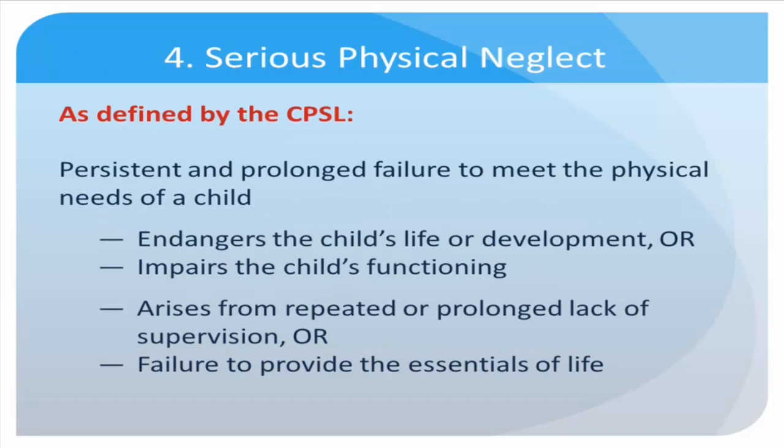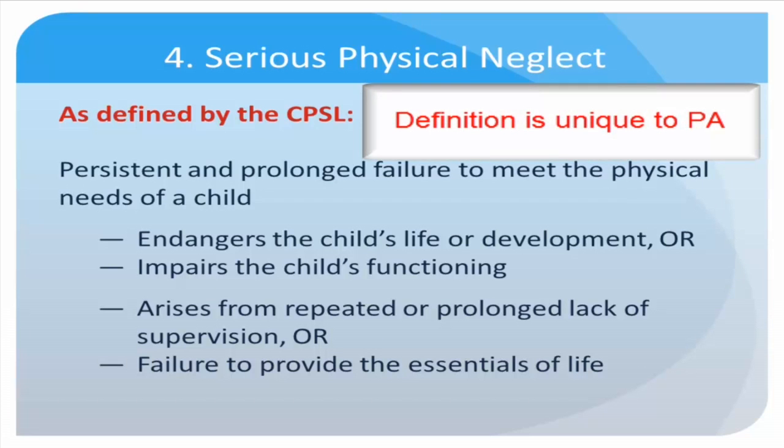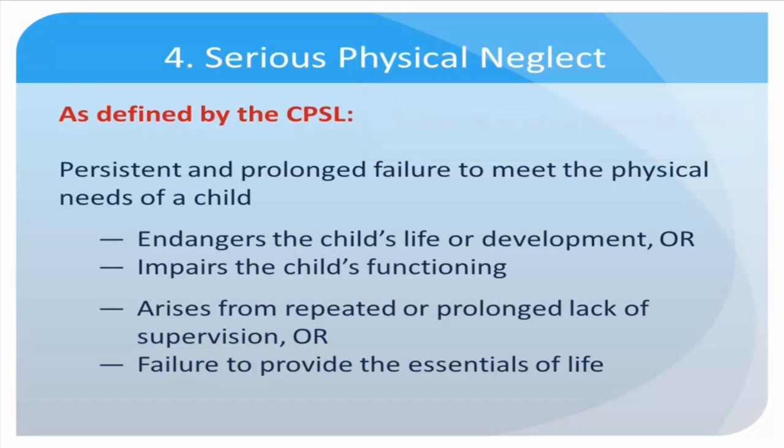This type of abuse accounts for approximately 4% of the reported cases in Pennsylvania and is unique to Pennsylvania in its definition. Serious physical neglect, as defined by the CPSL, is persistent and prolonged failure to meet the physical needs of a child. It endangers the child's life or development or impairs the child's functioning, arises from repeated or prolonged lack of supervision, or failure to provide the essentials of life.